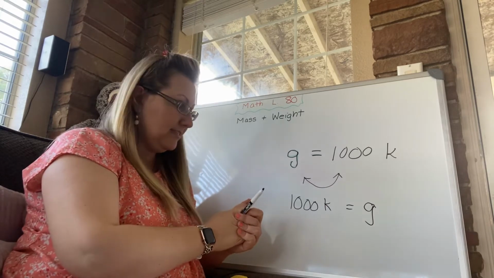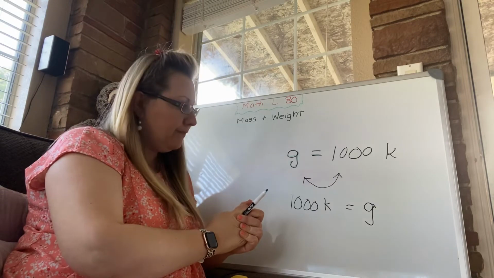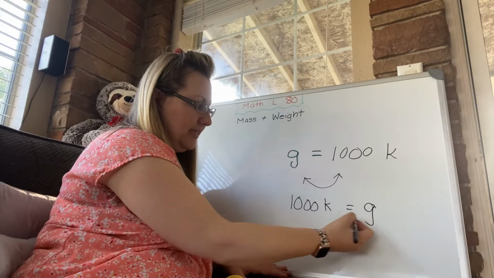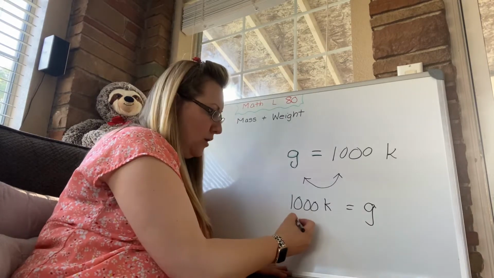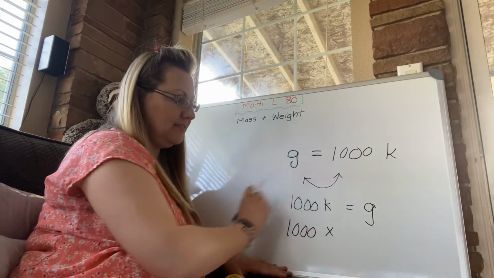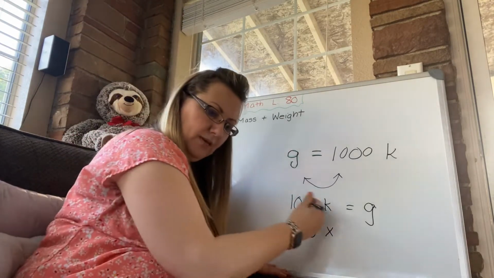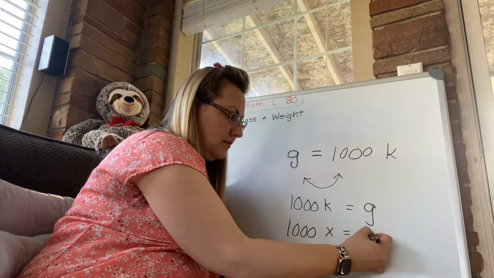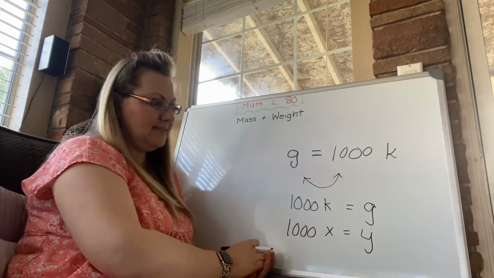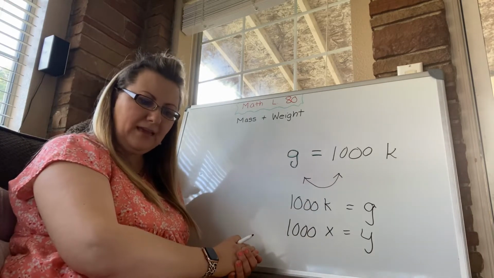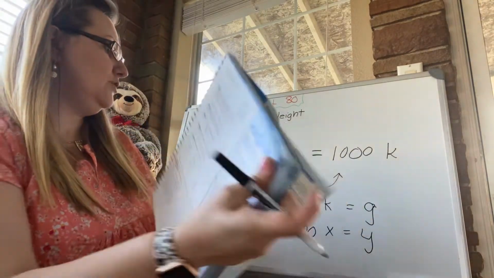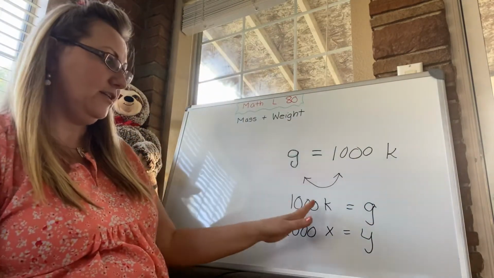And we could say, how about instead of the way it's written here, what if we were to say 1,000 X's, or 1,000 kilograms, equals 1 gram. So 1,000 of X is Y. So that's just one way that we may need to use to switch out the kilograms and grams.